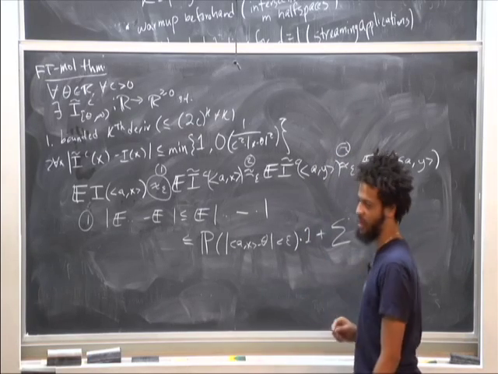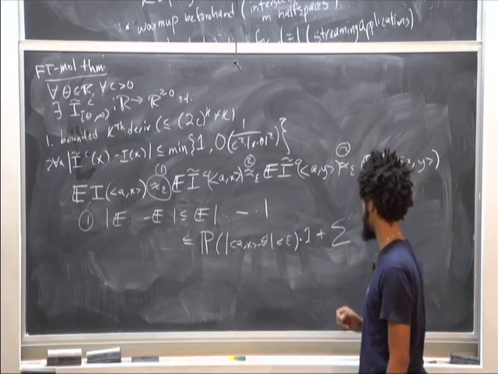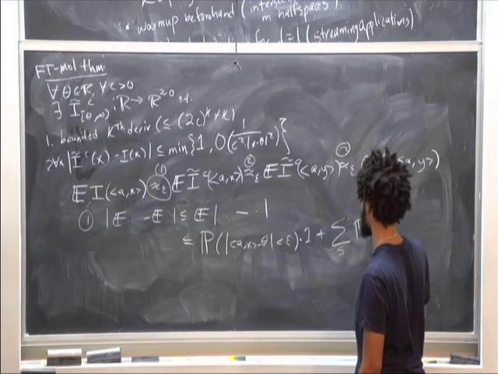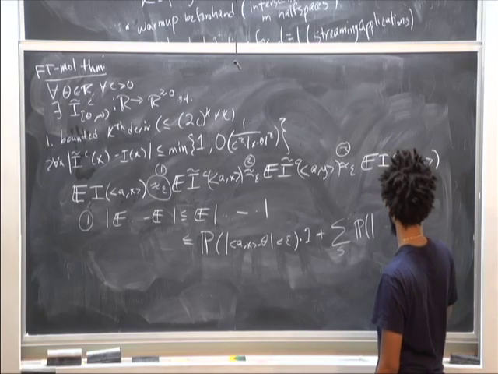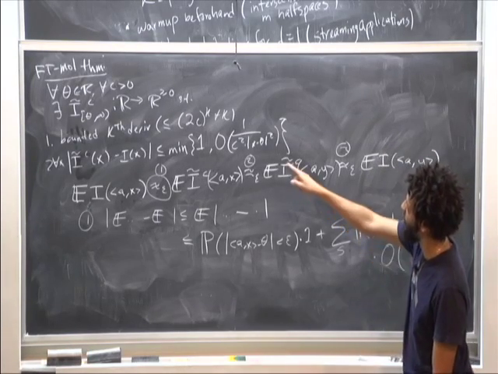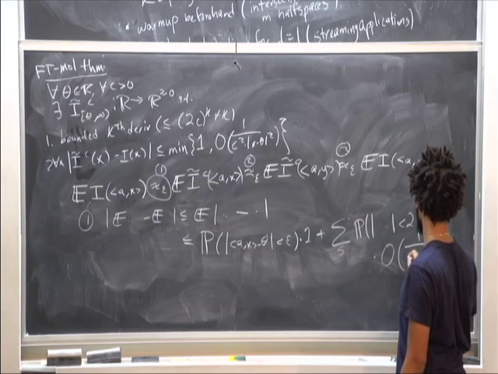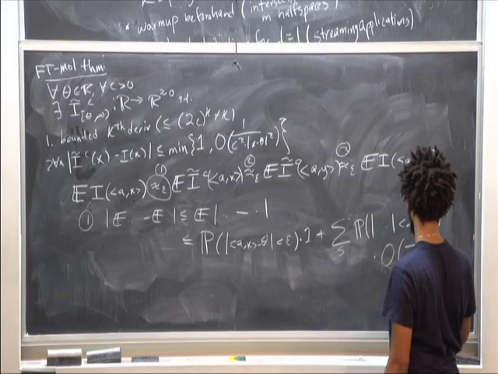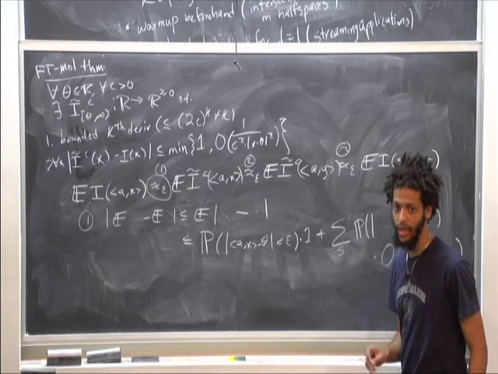Otherwise, my distance is between 2 to the s epsilon and 2 to the s plus 1 epsilon for some s. So the sum over s times the probability that this distance is less than 2 to the s epsilon times O of 1 over c squared times 2 to the 2s epsilon squared. Okay.